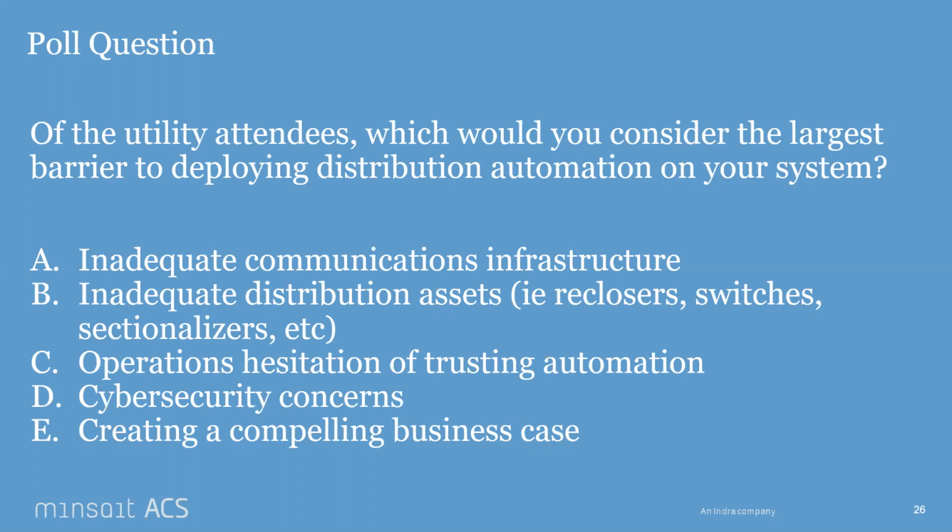Maybe you just simply don't have enough switches and devices in the field. Or would you say operations hesitation for trusting various automation techniques? Maybe it's a cybersecurity concern. Another one we've heard is creating that compelling business case. So with that, let's pop up the poll and give you guys some time to respond.